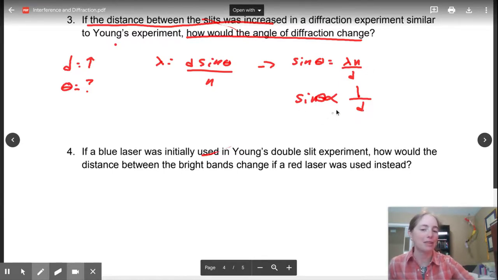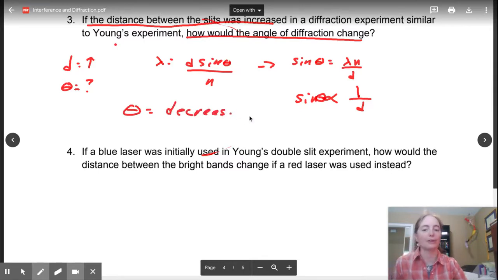If we decrease d, sine of theta is going to increase, so therefore theta is going to increase. So the question asks, if we are going to increase d, what's going to happen to theta? Well, theta is going to decrease. Okay, so ladies and gentlemen, there's that one.